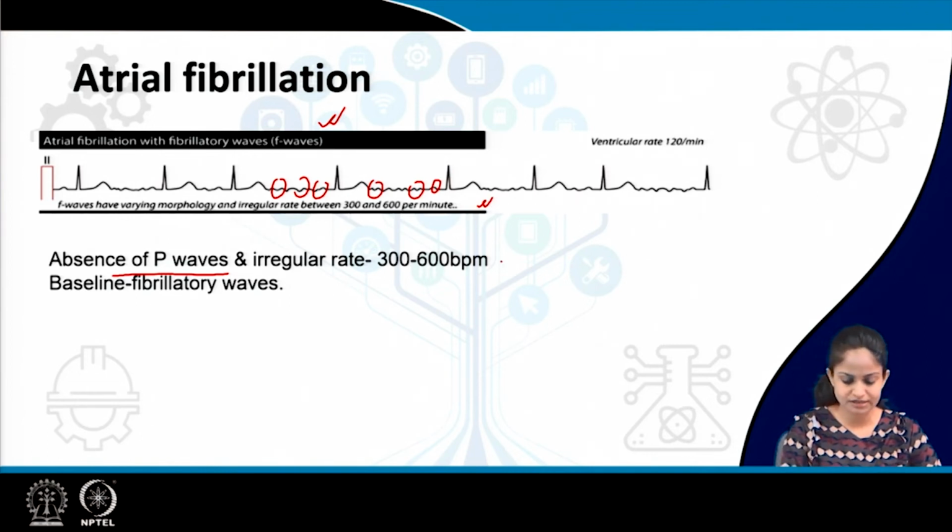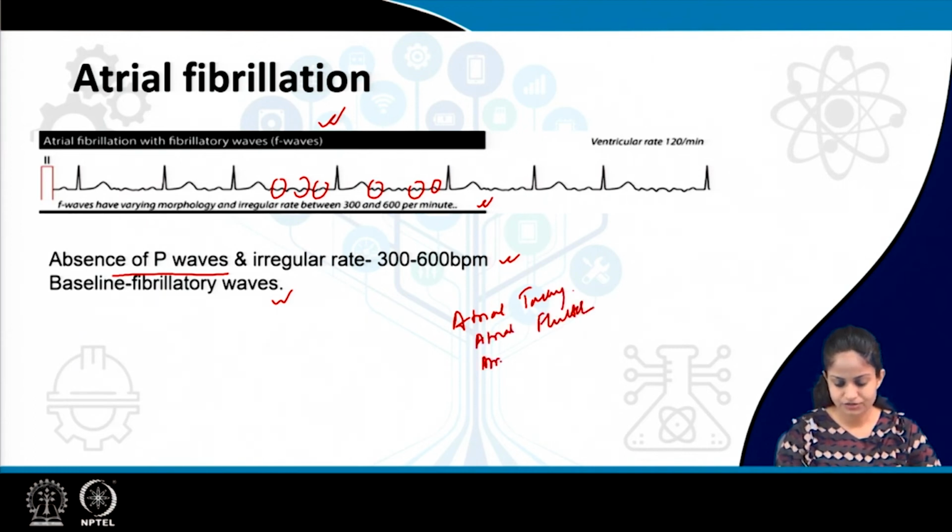So, 300 to 600 beats per minute. The ventricular rate is around 120 per minute, and this baseline fibrillatory waves we get in atrial fibrillation. So, from atrial tachycardia to atrial flutter to atrial fibrillation, the rate actually increases.